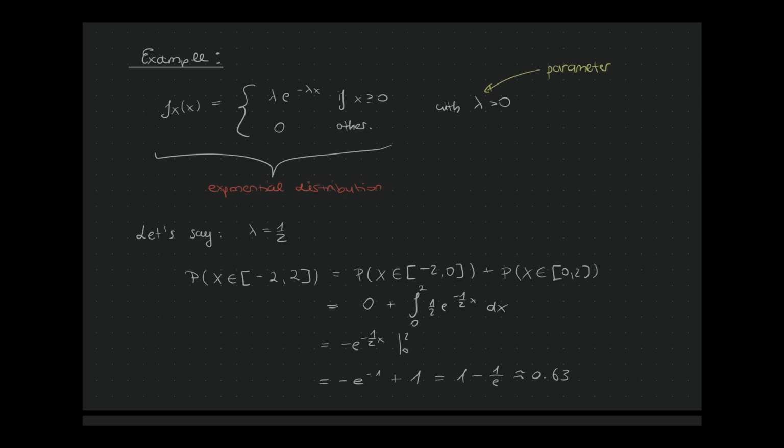When we integrate the second term, we get minus e to the power of -1/2 x, evaluated at 2 and 0, and then we take the difference. This is equal to 1 minus 1 over e, so the Euler number, which is approximately 0.63 in total. That's how you can evaluate probabilities when having a PDF. You just have to compute the integral.